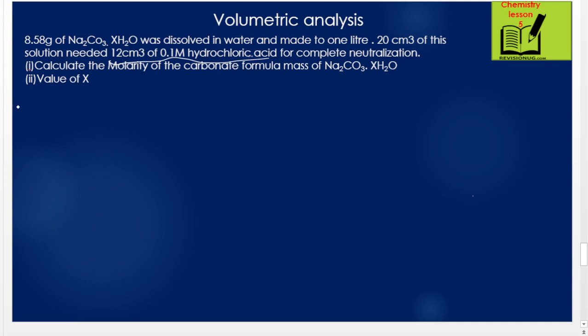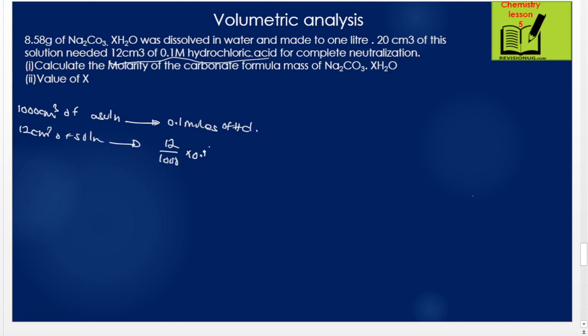This means that 1000 cubic centimeters of a solution containing hydrochloric acid produces 0.1 moles of HCl, right? Then how about the 12 cubic centimeters of solution? It will contain 12 out of 1000 times 0.1.